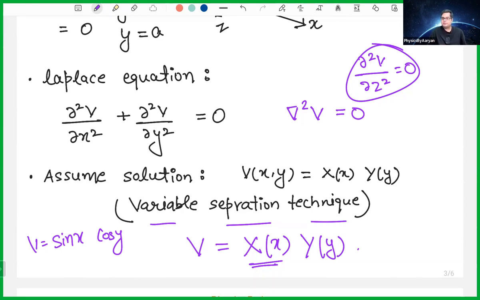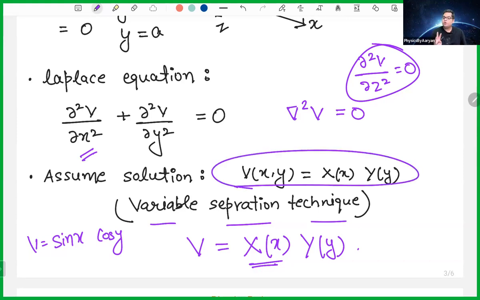So variable separation method says whenever you're solving partial differential equations in 1D, 2D, 3D, so this is a partial differential equation, right? In that case, you can use a variable separation technique in which your final solution will be the product of two functions, or if it is a three-dimension case, three functions.